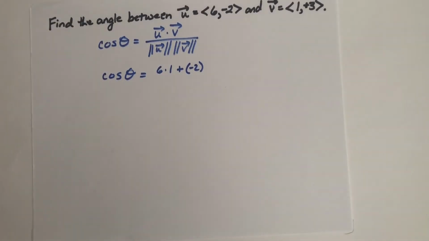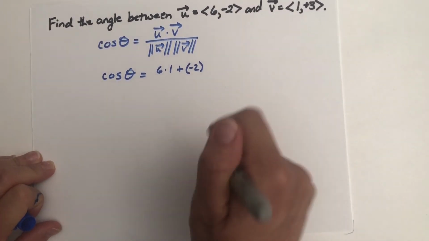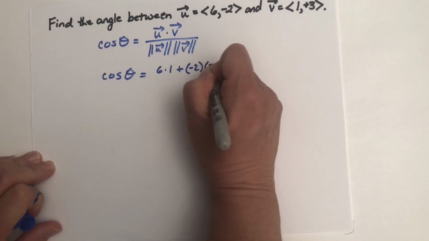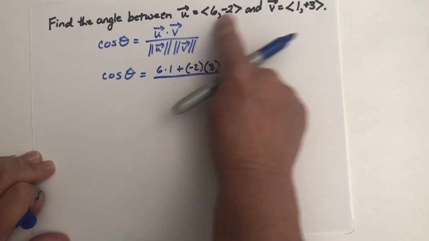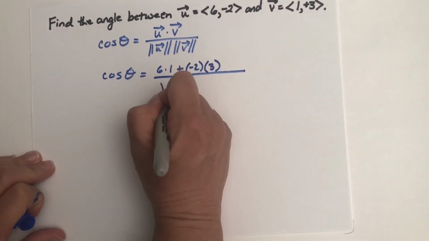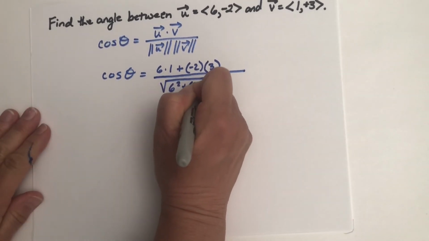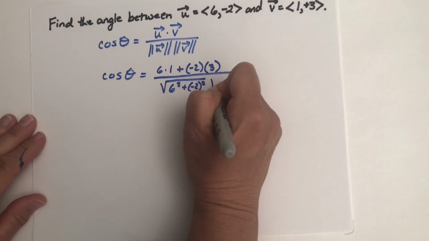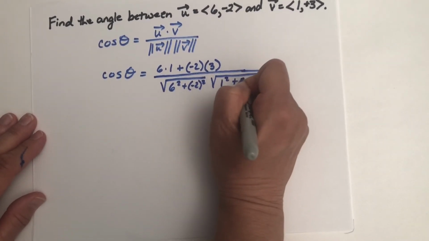So now back to our dot product. It was 6 times 1 plus negative 2 times a positive 3 over the product of the magnitudes. So we have the square root of 6 squared plus negative 2 squared, and the square root of 1 squared plus 3 squared.